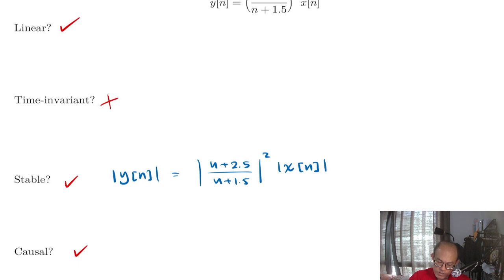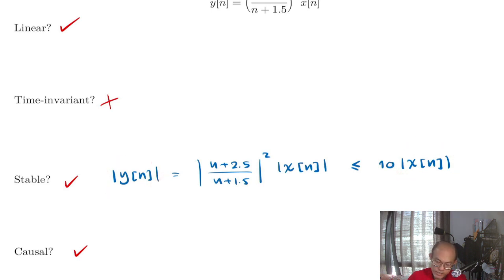And this is bounded by what? If you plot the factor here, it will decrease with n. So pick a number not greater than 10 times x[n]. So whenever x[n] is bounded, y[n] is also bounded.